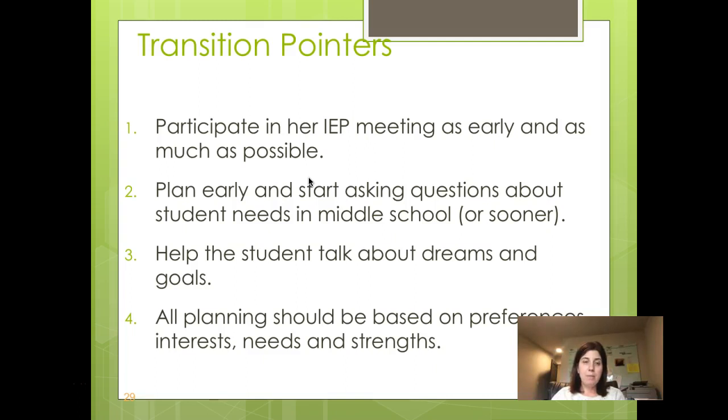Again, have the student participate in their IEP meeting as early and as much as possible. So I'm starting to have my 9-year-old, for instance, attend his IEP meeting. And participation looks different at age 9 than it does at age 16.